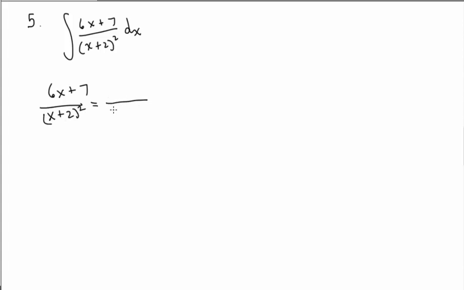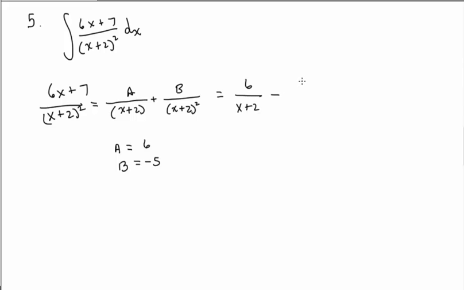It's a repeating linear, so I have an x plus 2, and then I need the x plus 2 squared, constant. Fairly easy process. You will learn that a equals 6, b equals -5, so we are looking at 6 over x plus 2 minus 5 over x plus 2 squared.